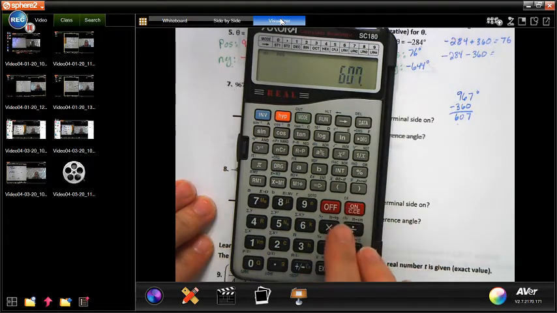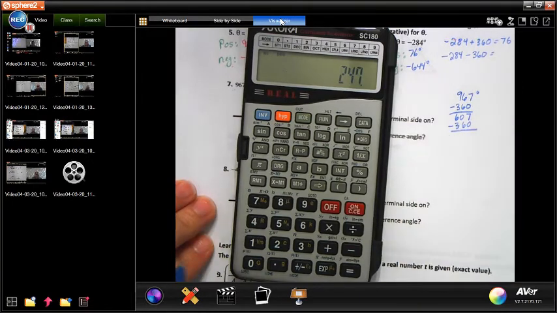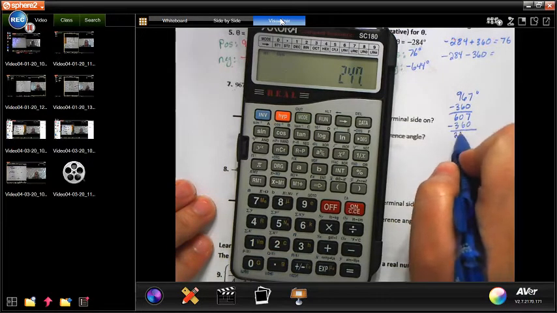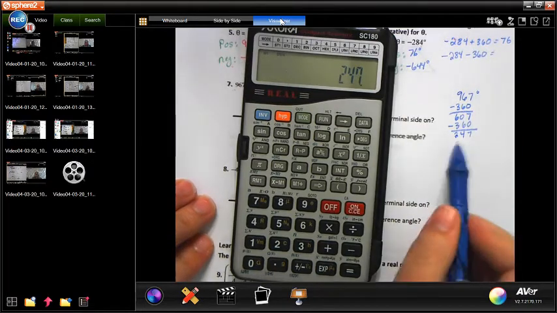So 607 minus 360 again. Let me show my work. 247, which is something we can graph because that's between 0 and 360.